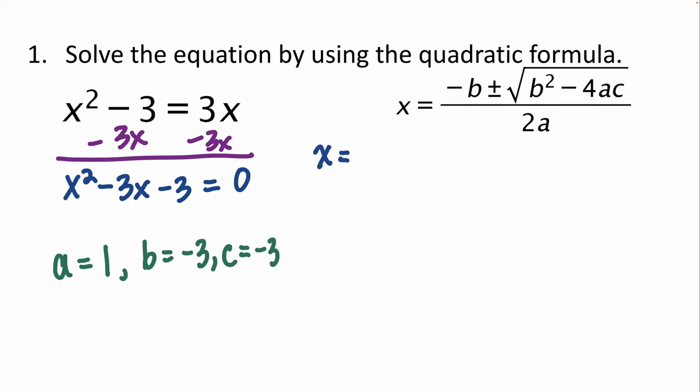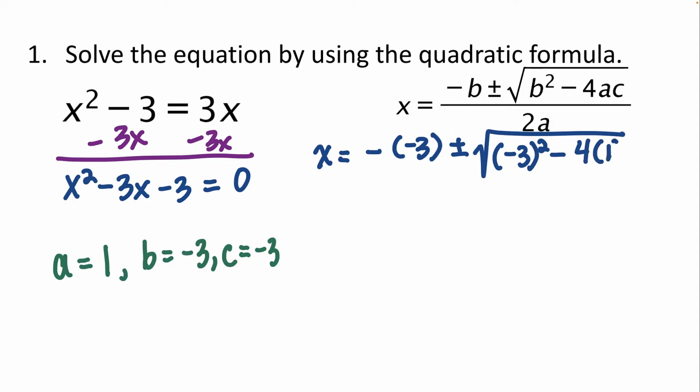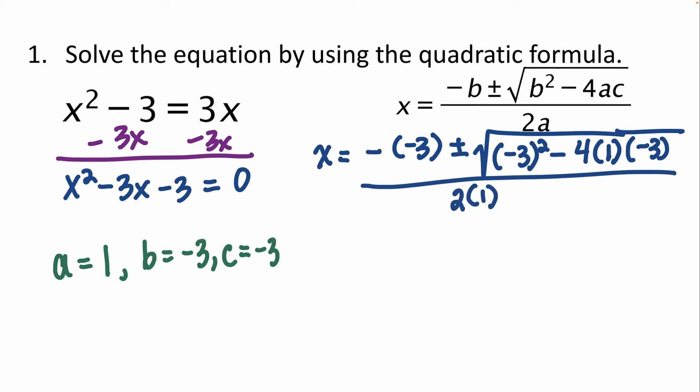So we'll have x is equal to negative negative 3 plus or minus the square root of negative 3 squared minus 4 times 1 times negative 3, all over 2 times 1.